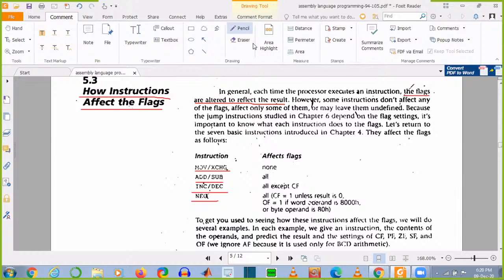Anyone? Can you say how many flags you have in this processor, 8086? Sir, 4 flags. 11 flags, sir. 11, okay. What are those 11?